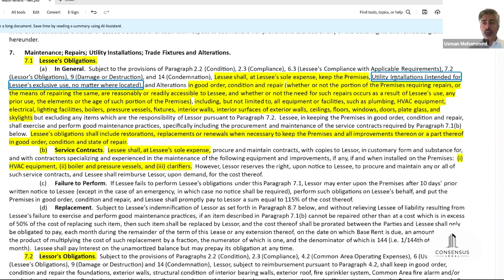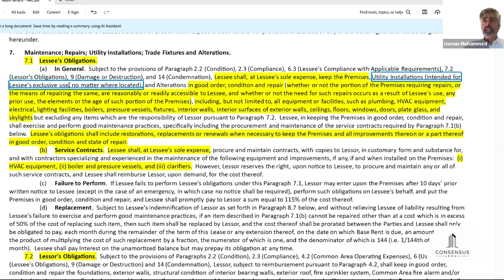And that deviation is with respect to utility installations. So, let me just read it. So lessee shall, at lessee's sole expense, keep the premises, and here it says utility installations intended for lessee's exclusive use, no matter where located.